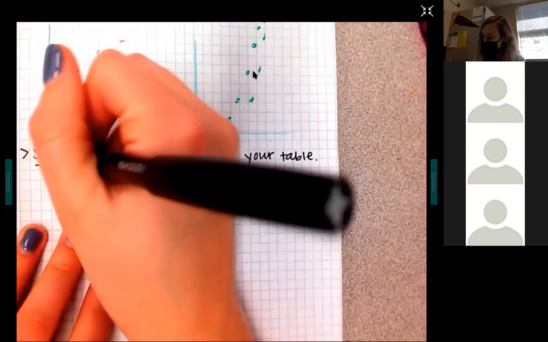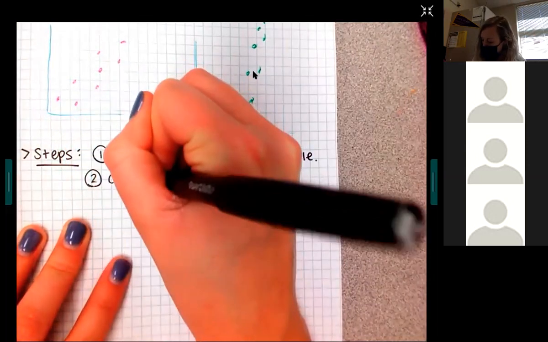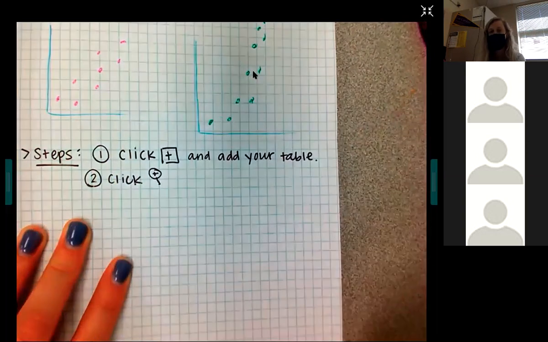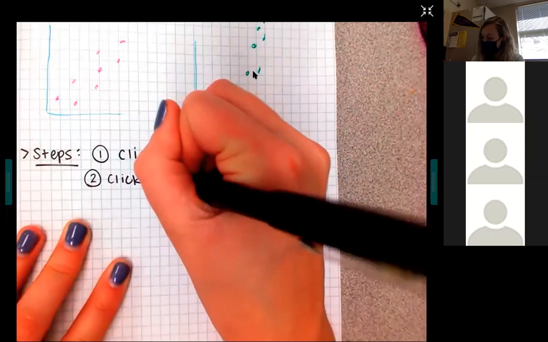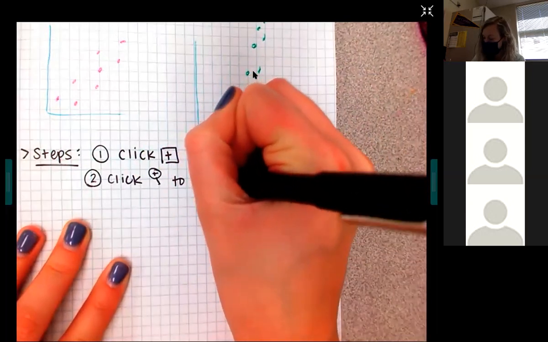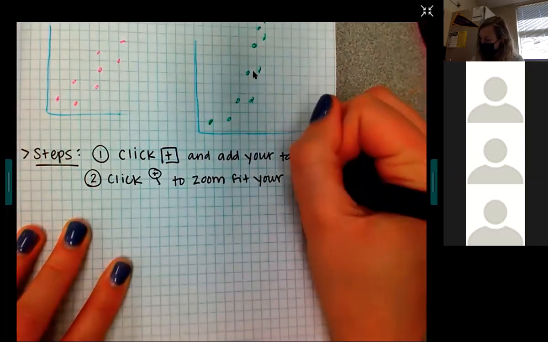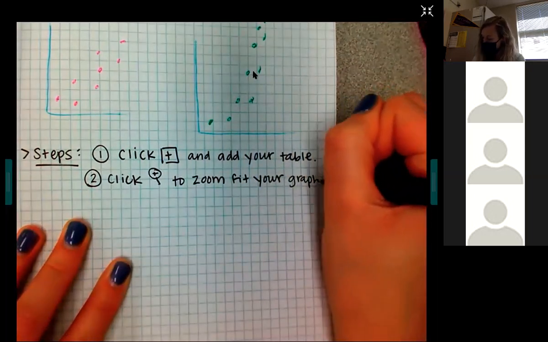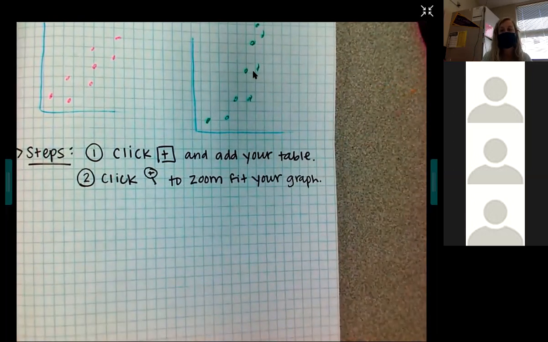All right, so that's step 2. And I'm going to draw what the little magnifying glass looks like. It looks like this. Kind of. Y'all know I'm not a good artist. So click the magnifying glass to zoom fit your graph. You do that after you type your table numbers in.